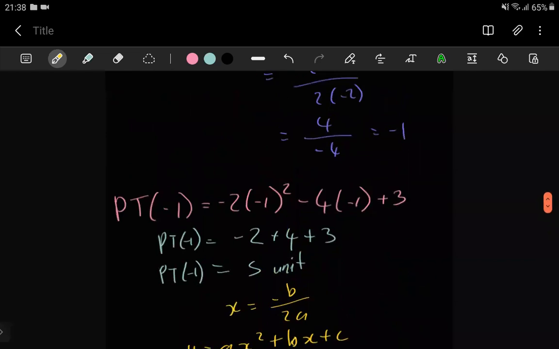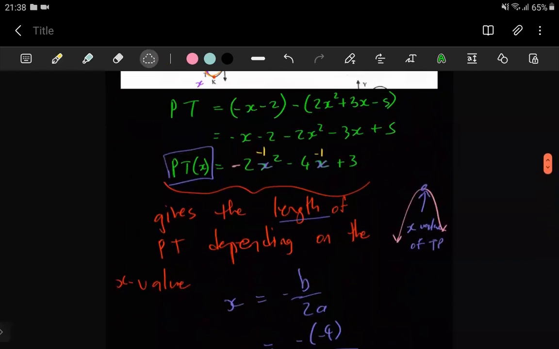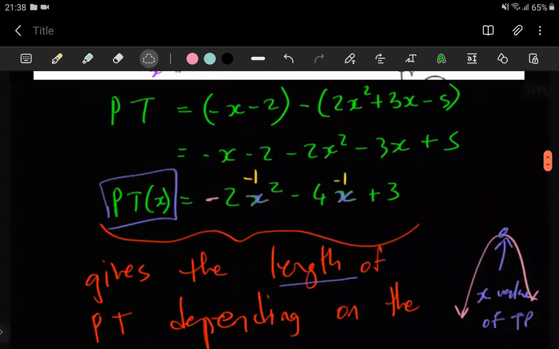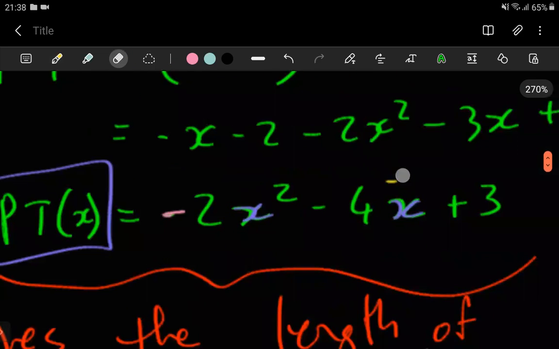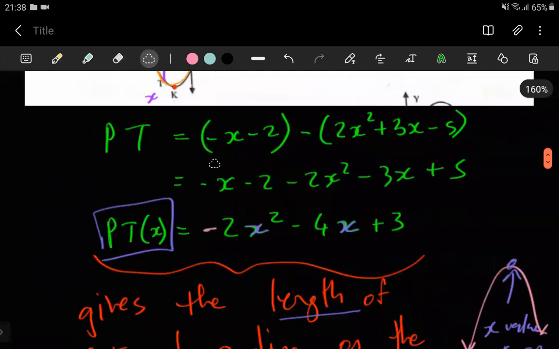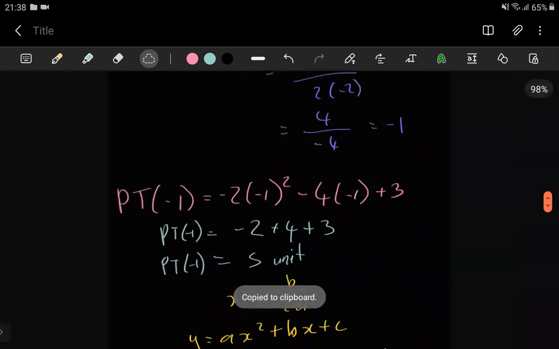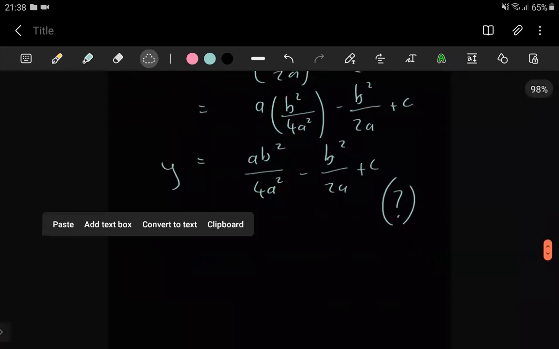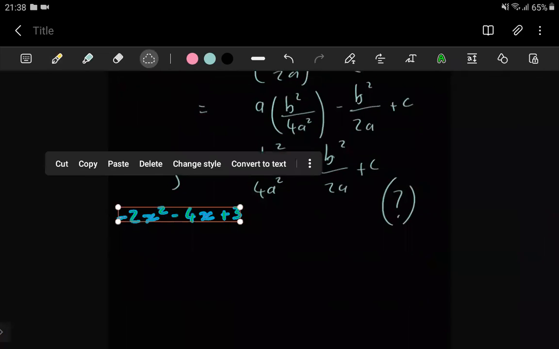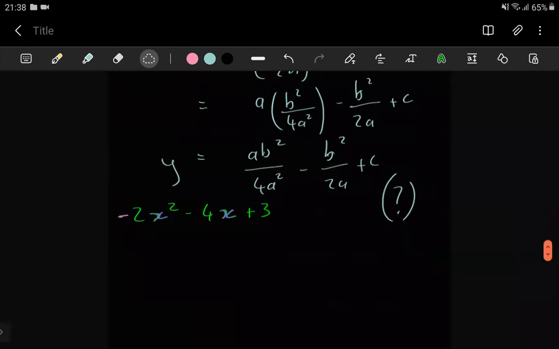If we take this equation here, let me just remove this so that it's not copied. Copy, paste.